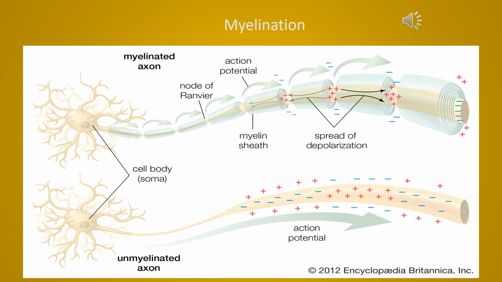Both of these are abnormalities of the immune system, so they're classified as autoimmune diseases. For reasons unknown, the body's immune system begins to attack and destroy the myelin that's present on the myelinated axons.